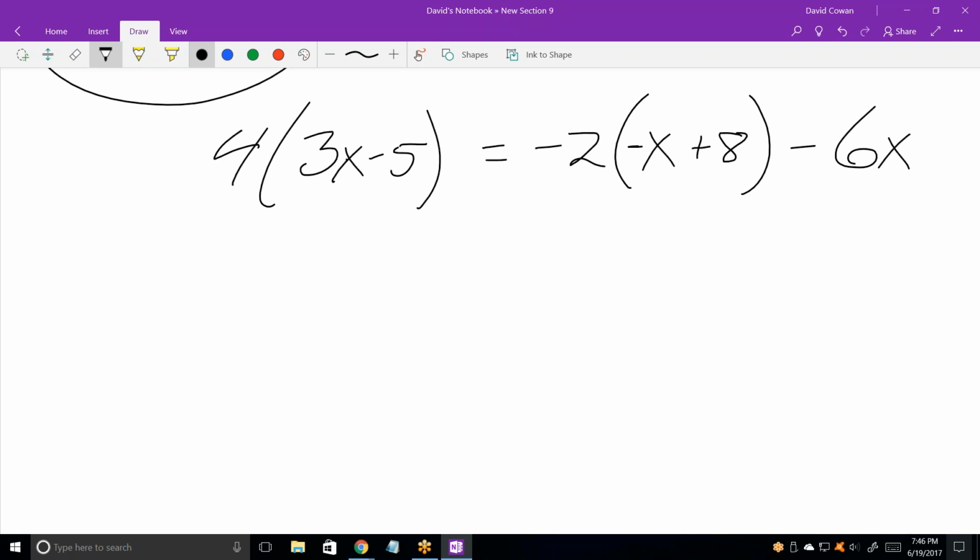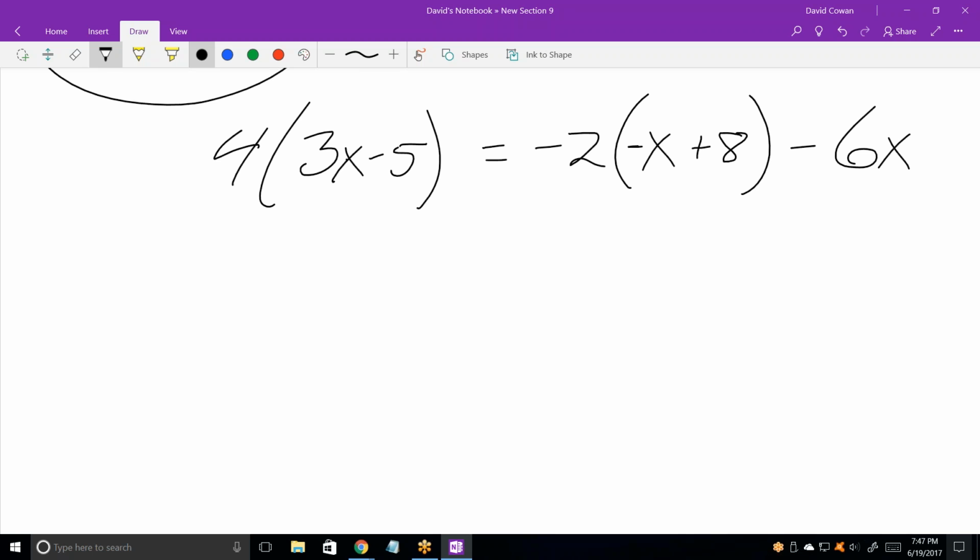And that's what gives people the biggest trouble, all of those negative signs. So what's the first step here? Distribute? Yeah, I like to think the first step is to get rid of the parentheses. And you do that by distributing.